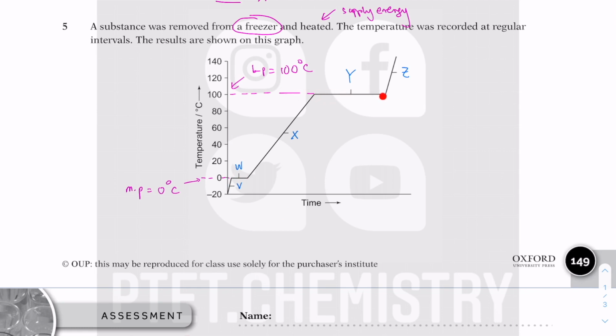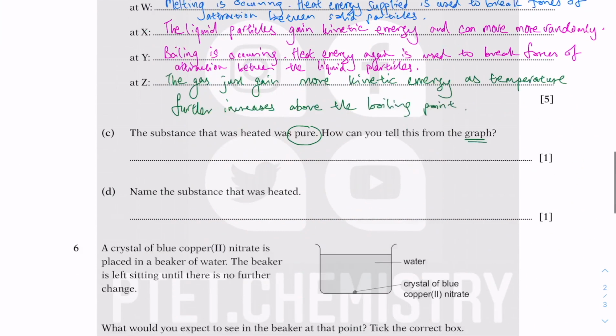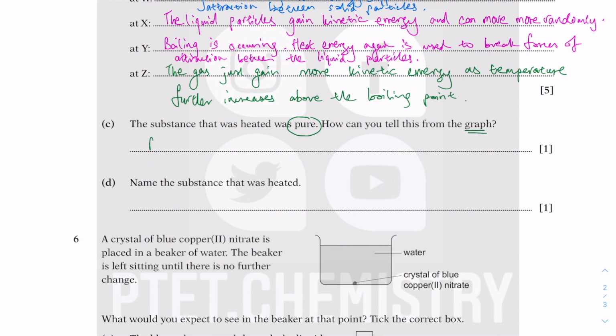This is a fixed boiling point, 100 degrees Celsius. So both the melting and the boiling points are fixed, or you can say a pure substance will have a fixed melting and boiling point.